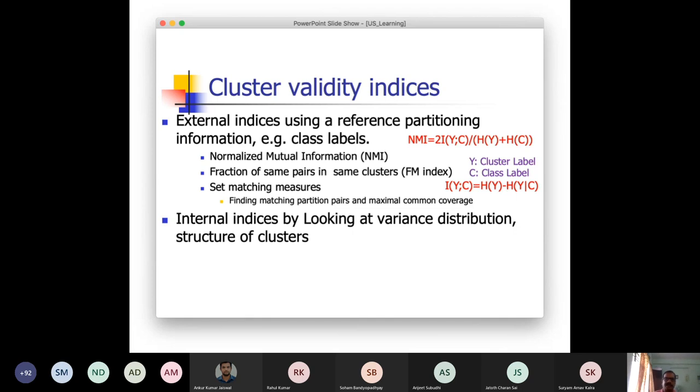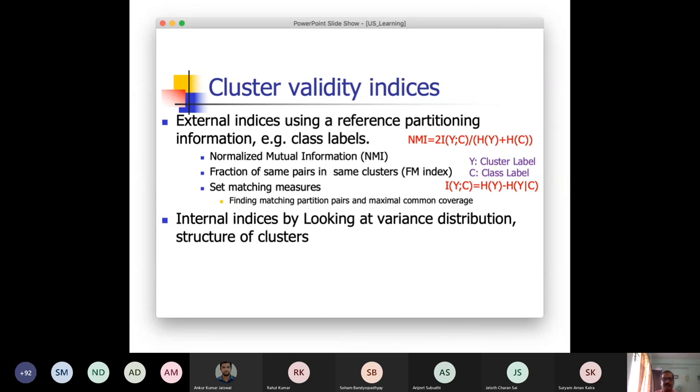These are certain external indices because your class labels are given. So external information as class labels must be available, and only then can you use this kind of index or measure. Now, there are certain internal indices, and in fact those are more useful for finding out the value of k.